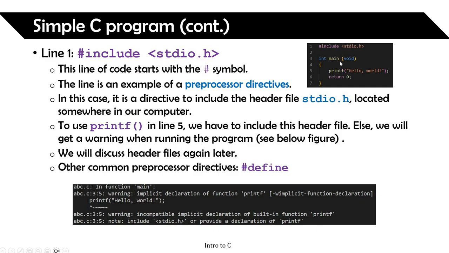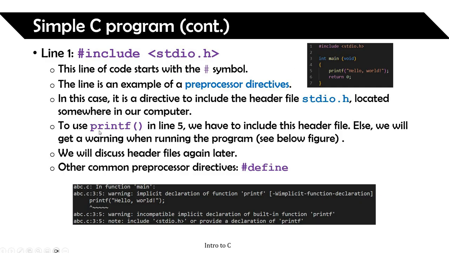Now these are some of the main keywords like main, printf. So how does it know when you actually run this printf to print out this string of hello world? That is because the function of this printf is defined in this stdio library, in this header.